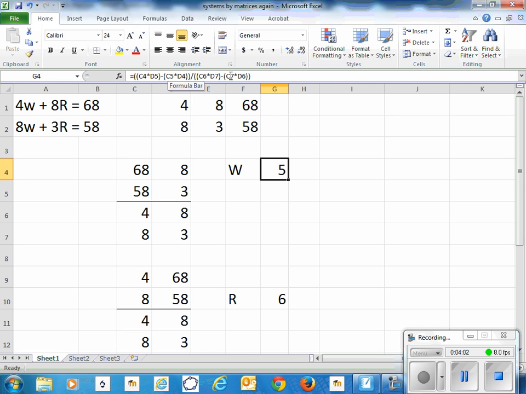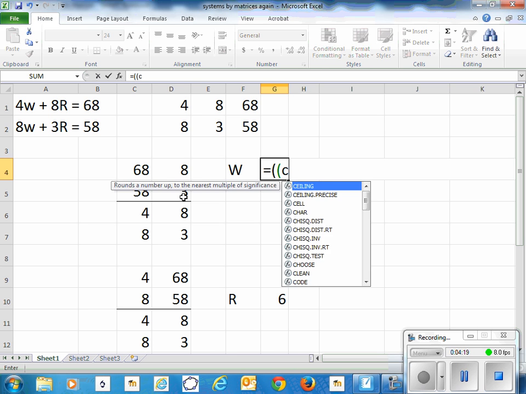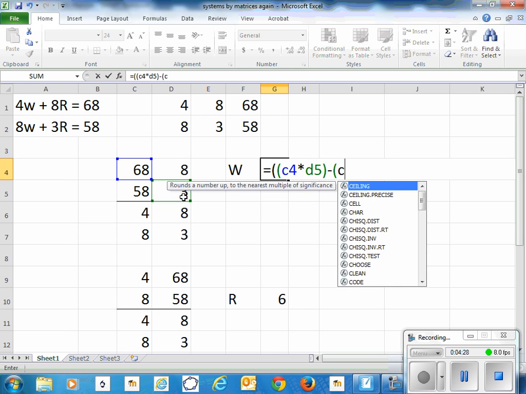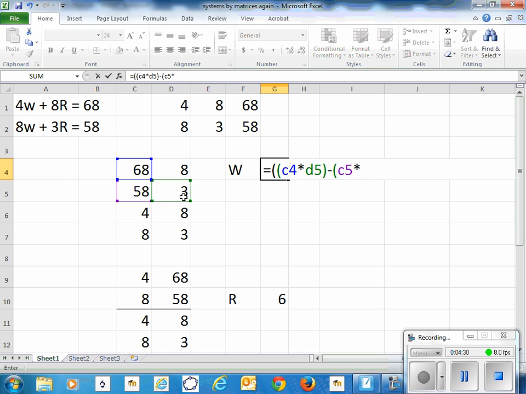Since this calculation is kind of small, I'll type it in again just so you can see it big. So I would take 68 times 3, but instead of doing 68 times 3, I'll say C4 times D5 minus C5 times D4.